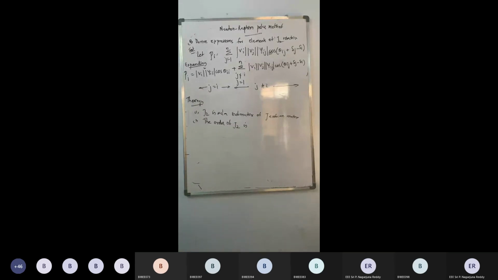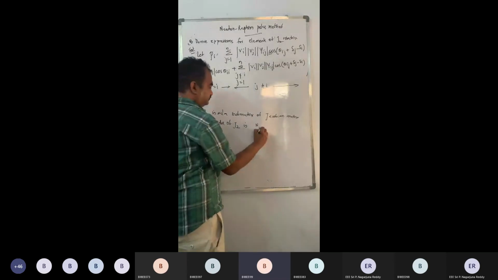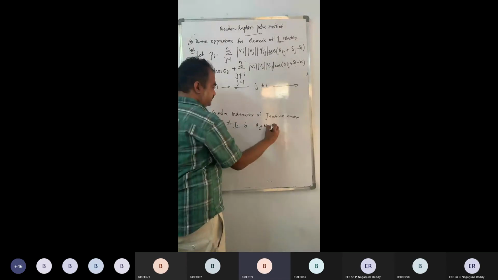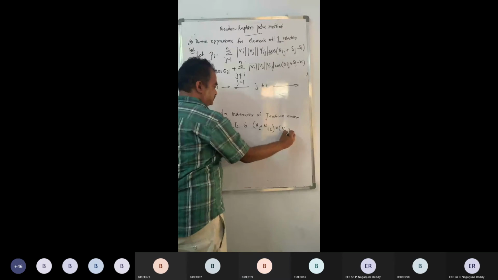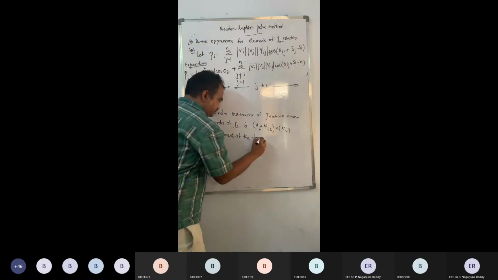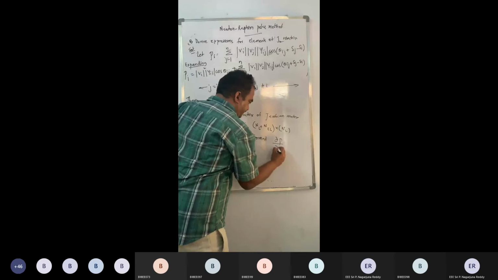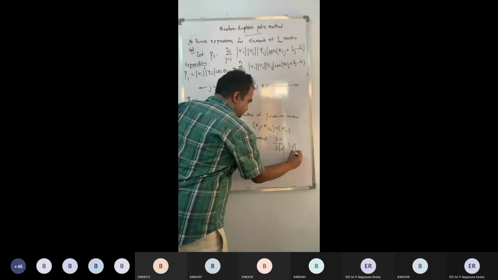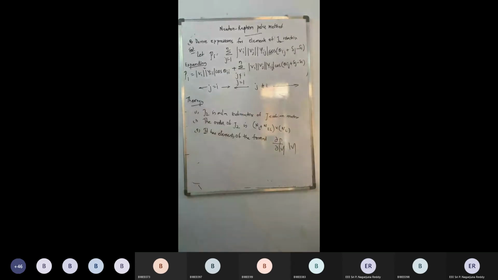NL plus NEG into NL. Yes. And it has elements of the format dou P by dou V into mod.